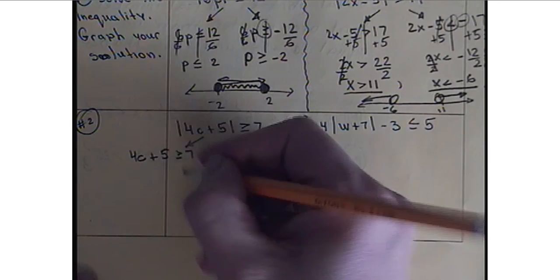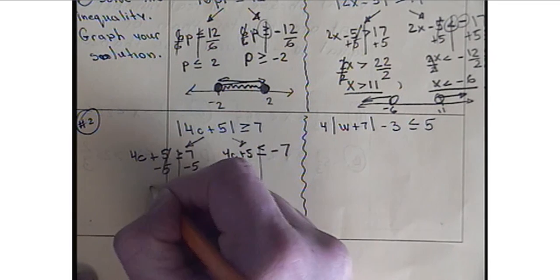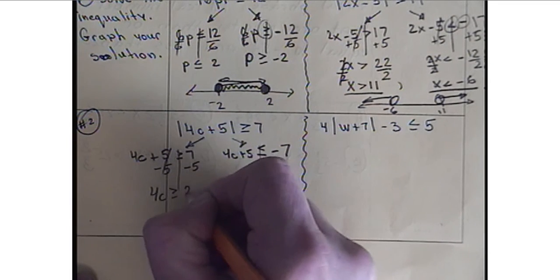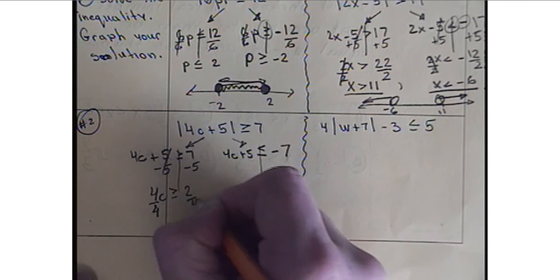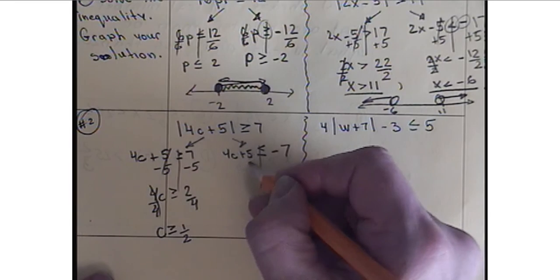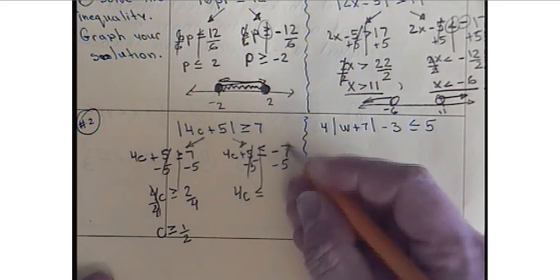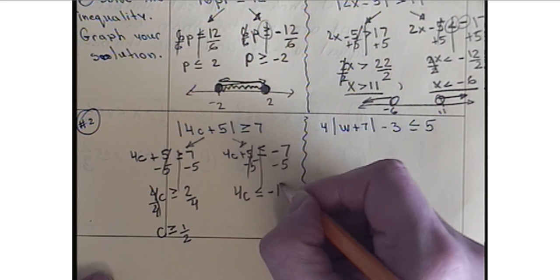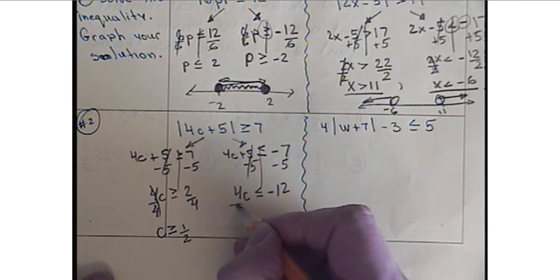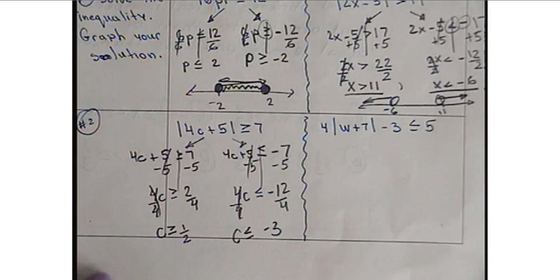Solve that: minus 5, cancel, 4c is greater than or equal to 2, divided by 4, so c is greater than or equal to 1/2. Next one will be minus 5, those two cancel, 4c will be less than or equal to negative 12, and when we divide by 4, c will be less than or equal to negative 3.